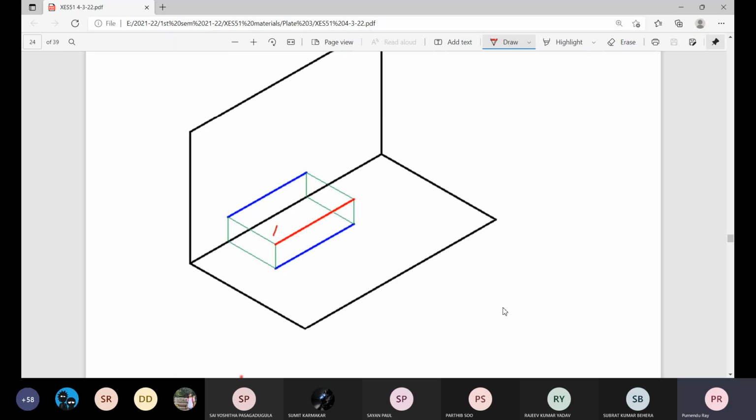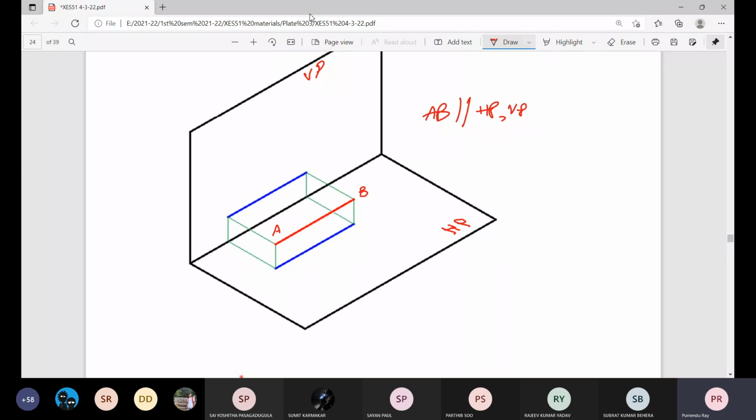So this is the end A, this is the end B. This is the reference vertical plane VP. This is the reference horizontal plane HP. And AB is parallel to both HP and VP.